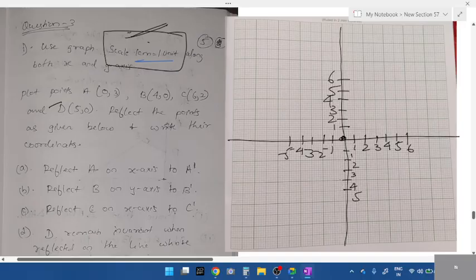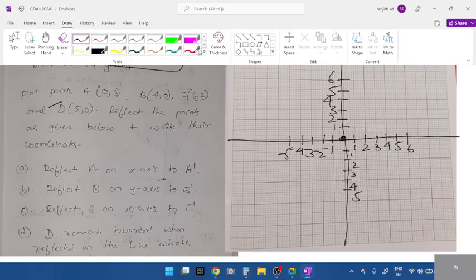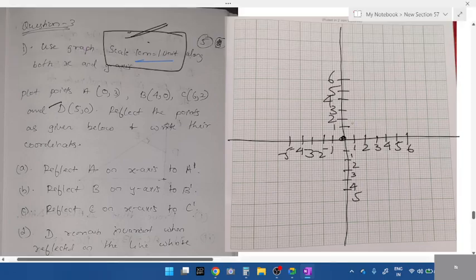Let me plot the points. 0, 3. 0, 3 in which axis, students? All of you respond. 0, 3 lies in which axis? Y axis. 0, 3. Look at the first point A. B is 4, 0. X axis. 6, 2.